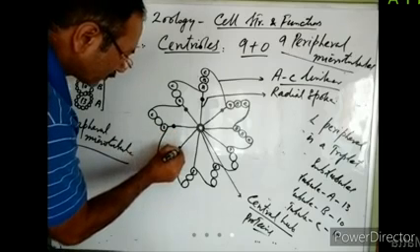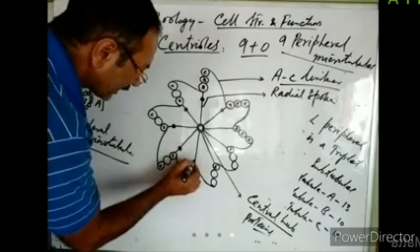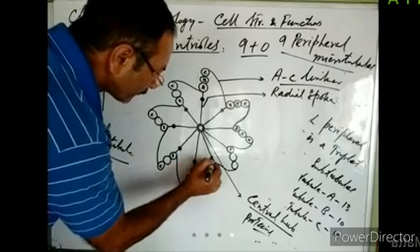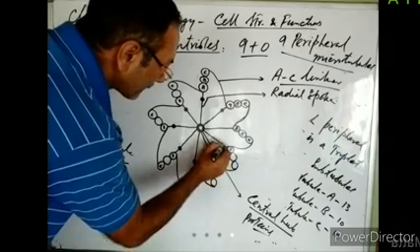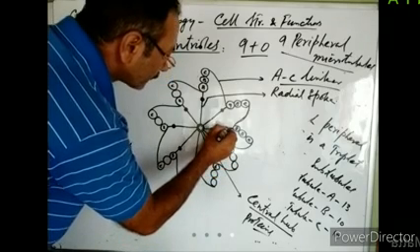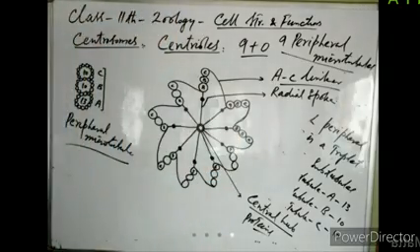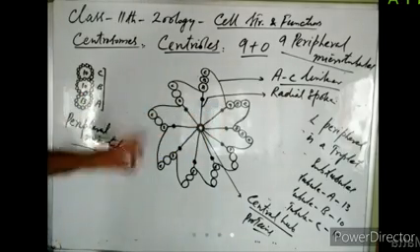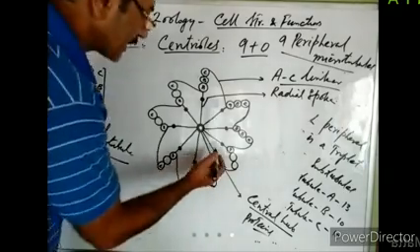On each radial spoke, there is a dense proteinous thickening known as an X body.